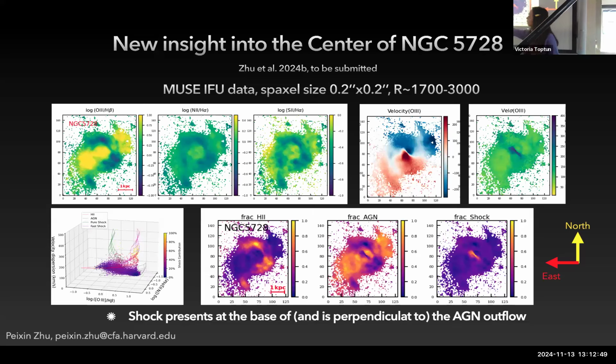In the middle plot, you can also see that the AGN dominated spaxels form a bicone kind of structure, where they extend from the nucleus toward the southeast and northwest directions. On the right, more specifically, you can see there is a fast shock contribution in the very center regions that also has a direction perpendicular to the AGN bicone area.